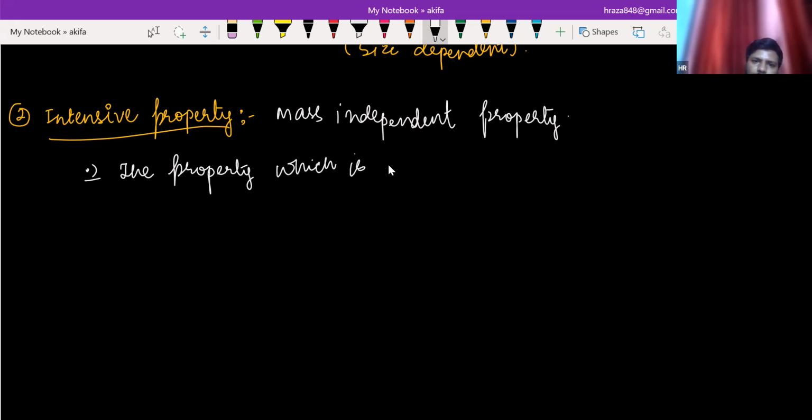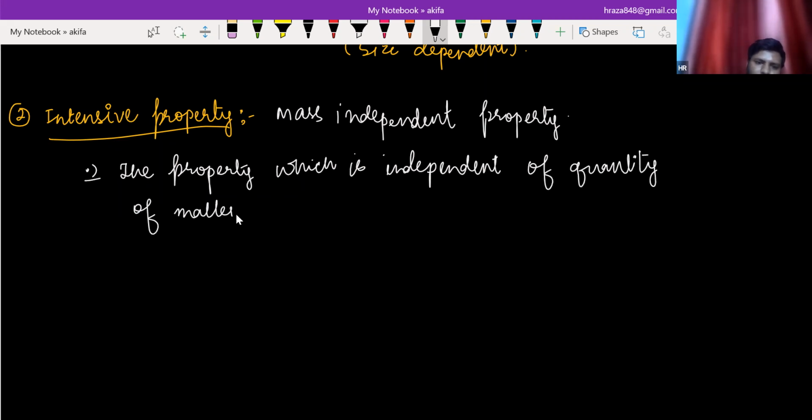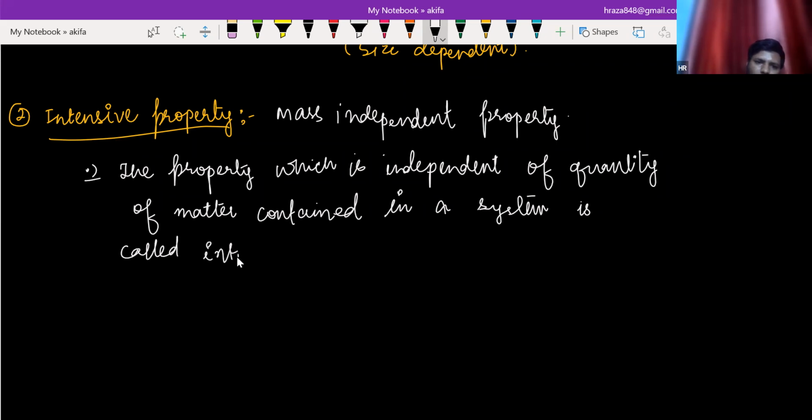which is independent of quantity of matter contained in a system is called intensive property.